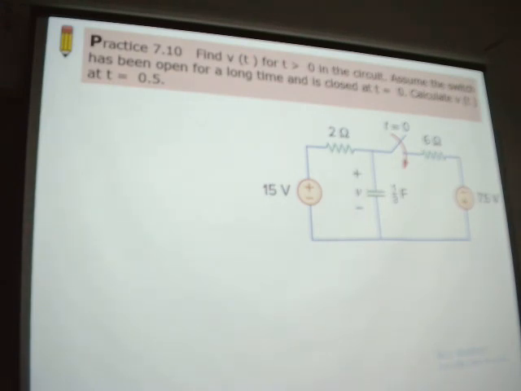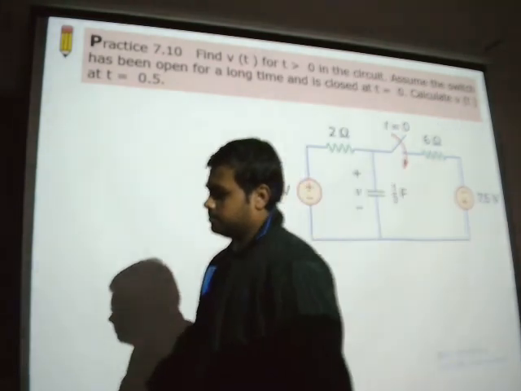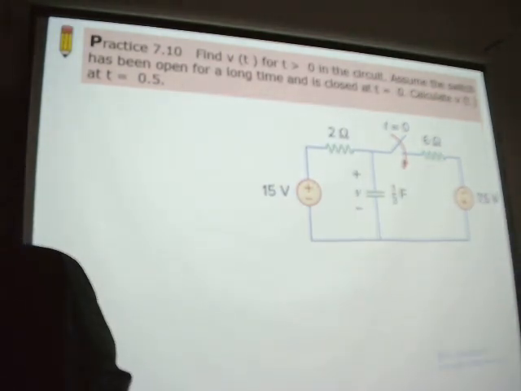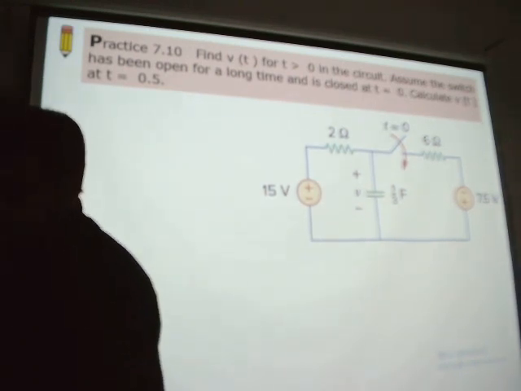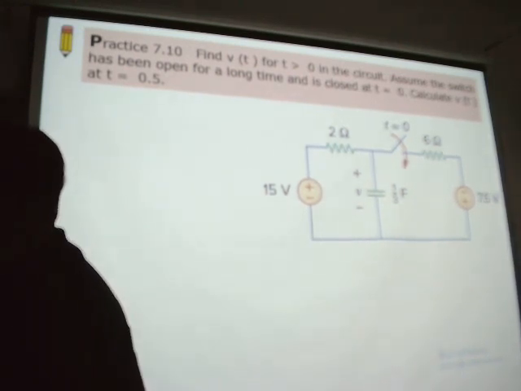Clear? Then for step 1, just look at this one. For step 2 and 3, look at this one. Because for step 2, we calculate the tau, so we calculate the RTH. How can we calculate the RTH here?